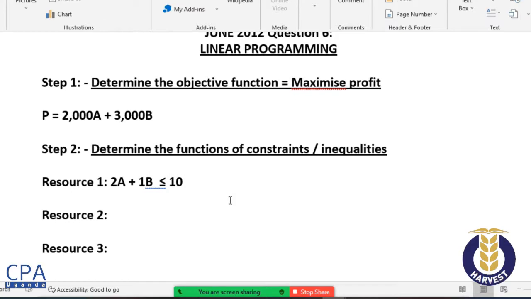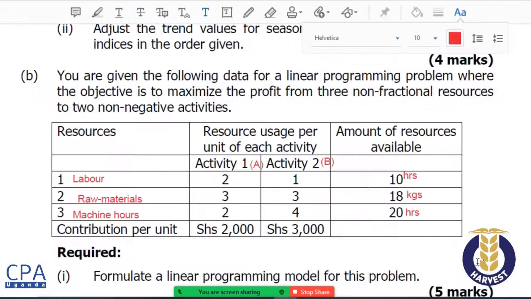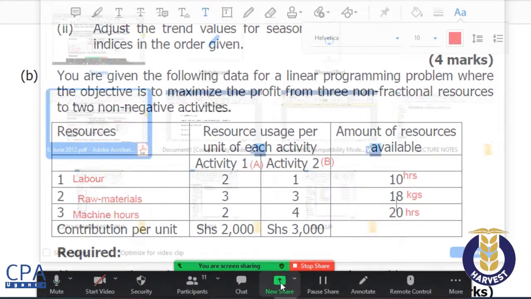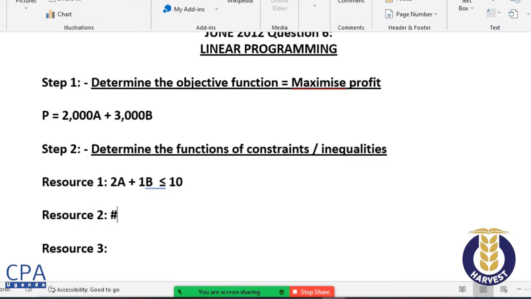Then for resource number 2, if you look at our question here, we are using 3 on A, 3 on B, and 18 is the maximum. So that is 3A plus 3B, less than or equal to 18.